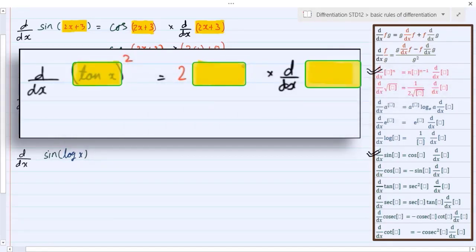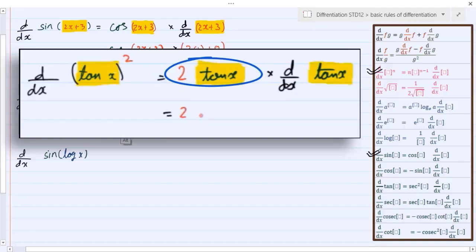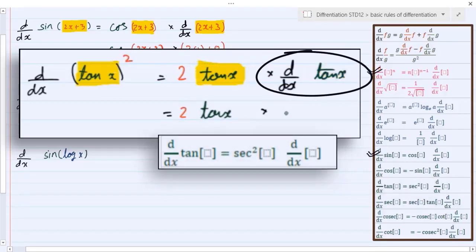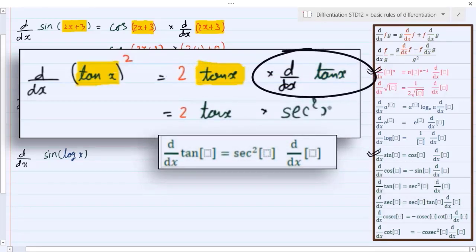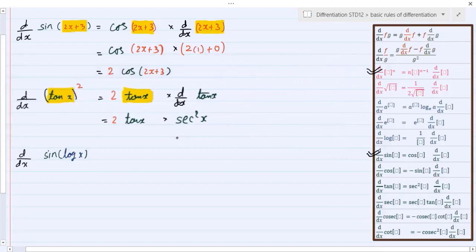Now within the box we have tan x. So we don't have to worry about this 2 tan x. We have to multiply by differentiation of tan x, which is sec square x. So 2 tan x into sec square x will be your final answer. Ta-da! So let's move to the next question.